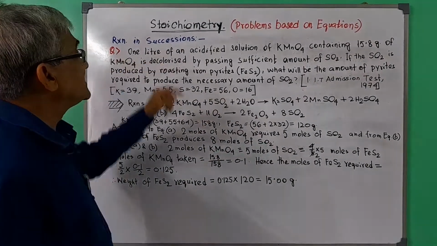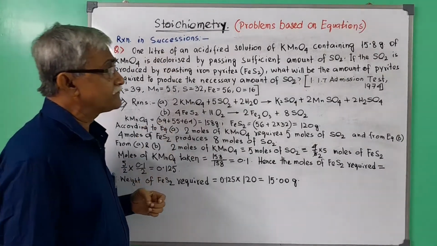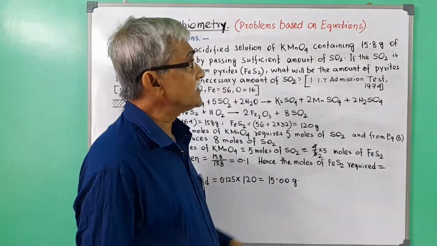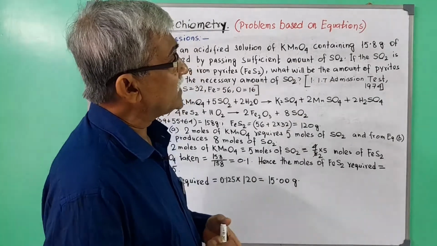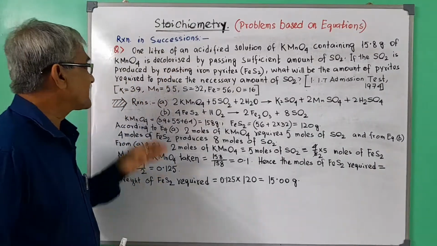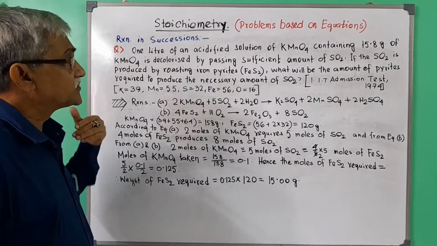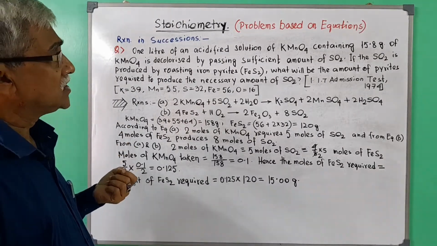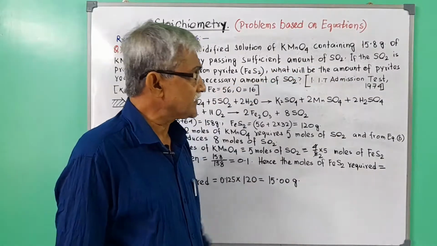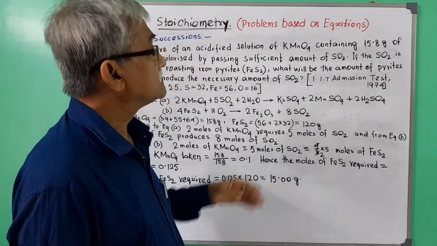1 liter of an acidified solution of potassium permanganate containing 15.8 grams of potassium permanganate is decolorized by passing sufficient amount of SO2, sulfur dioxide.